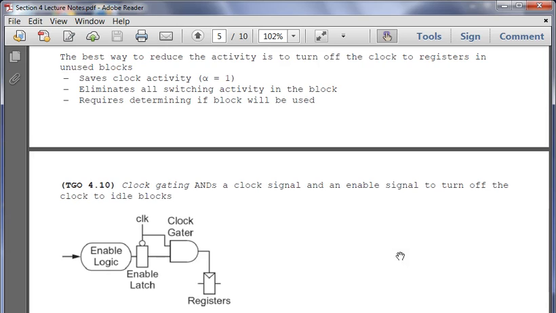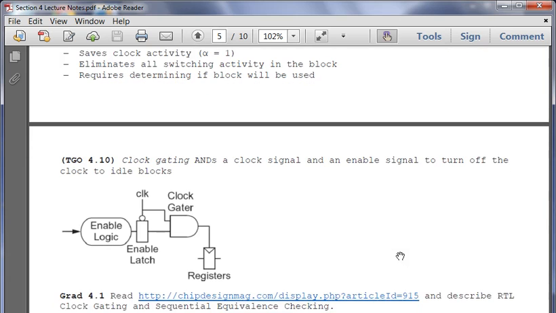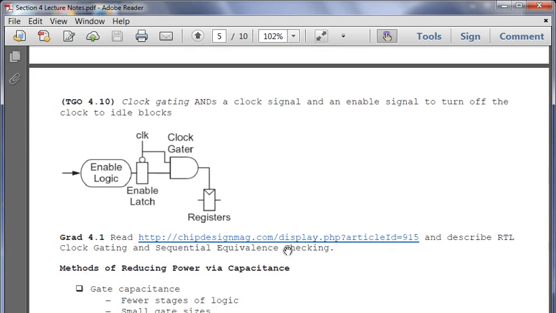The 4.10 is just the definition, but the drawing will help you. And for grad assignment 1, this particular magazine article is a description of RTL, register transfer language, clock gating, and sequential equivalence checking. It's got a little higher level understanding of how this concept of clock gating is applied to memory and different register levels.